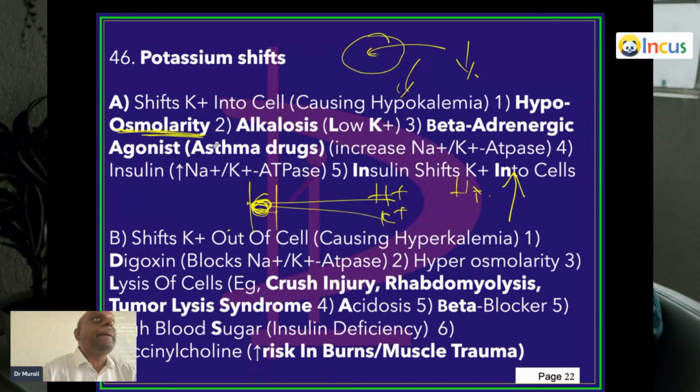Beta blockers. Beta 2 agonists cause hypokalemia, so what will beta blockers cause? Hyperkalemia. Similarly, NSAIDs, non-steroidal anti-inflammatory drugs, what will they do? They typically come to the juxtaglomerular apparatus and cause suppression of renin production.